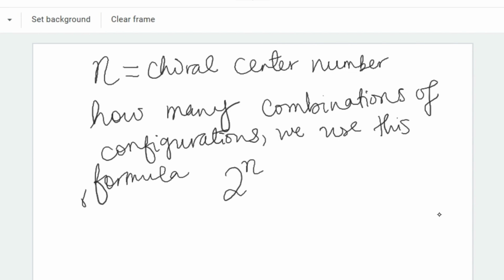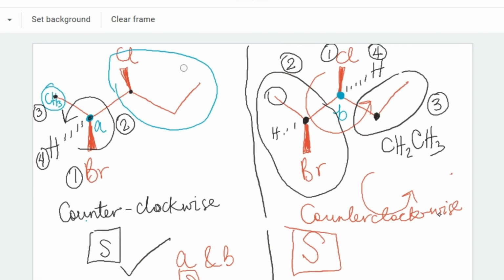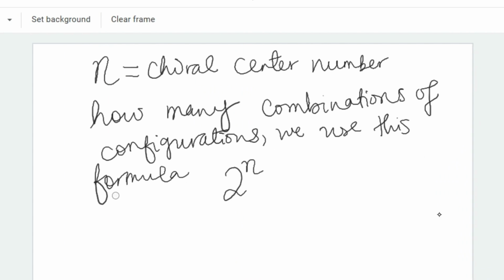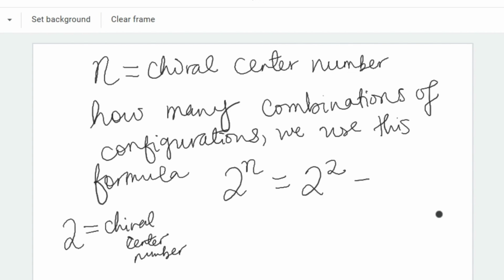So for example, now let's use the past one. In the past one we had chiral center A and chiral center B. So we had basically 2 chiral centers. So that would be 2 raised to the power of 2, which is 4. So you have 4 different combinations, and these are the 4 different combinations.